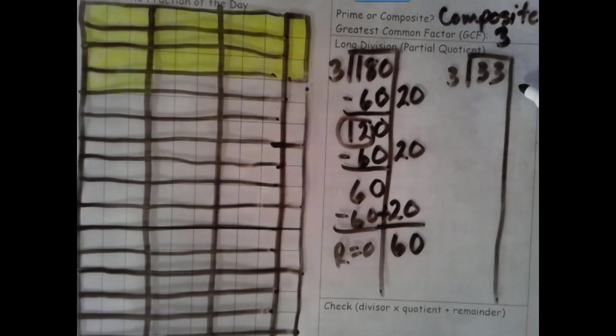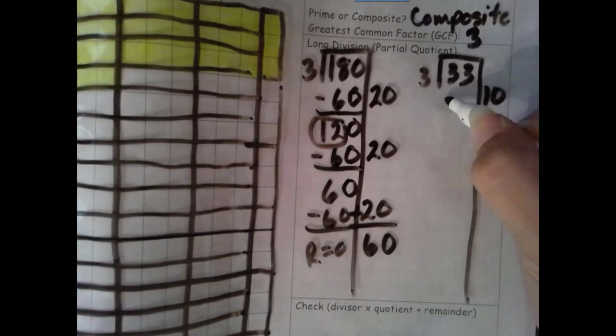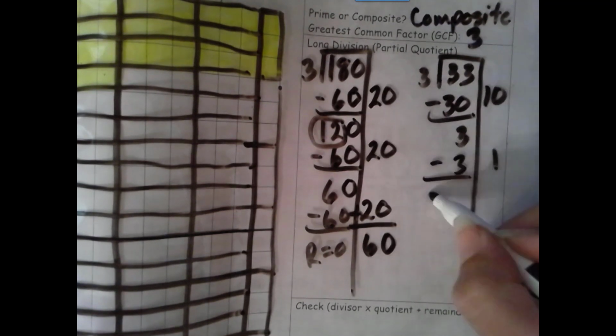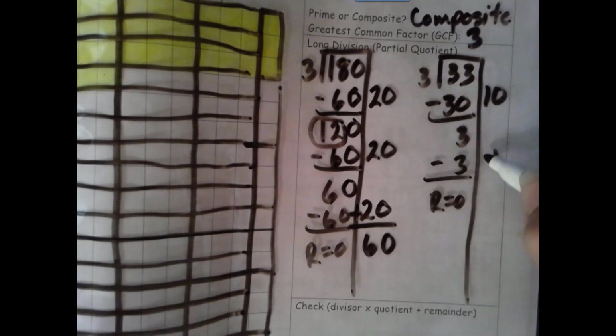Then here, let's see, 10 times 3 is 30. More on top, no need to stop. Number's the same, 0 is the game. Then 1 times 3 is 3. Number's the same, 0 is the game. Add my partial quotients. 10 plus 1 is 11. We still need to check: divisor times quotient plus remainder.